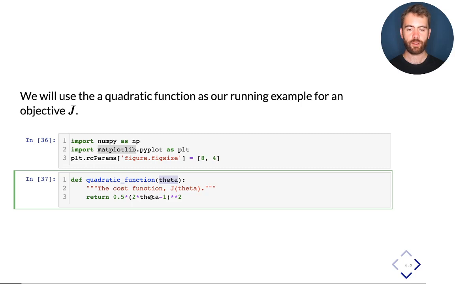I am taking theta, multiplying it by 2, subtracting 1, and then bringing it to the power of 2, which means that the output of this function will involve a term with theta taken to the power 2, which is what makes it a quadratic function.